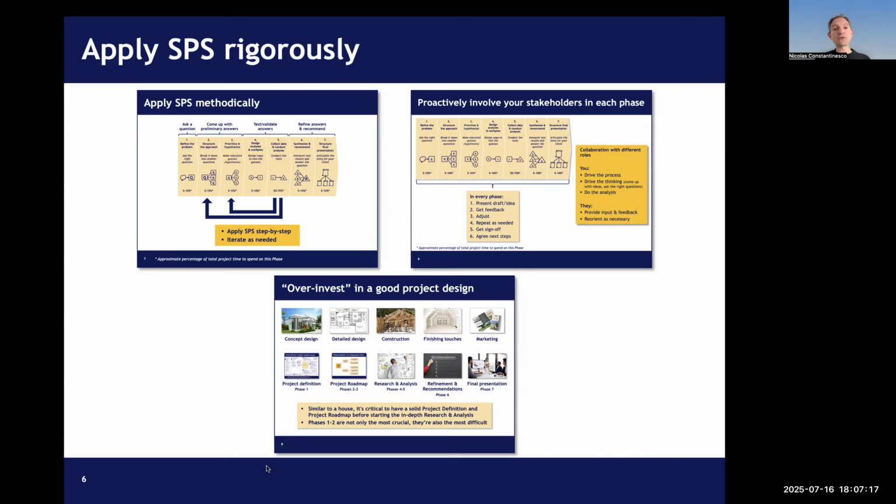Proactively involve your stakeholders in every phase, because they have a lot of knowledge about the problem, even if they don't know how to solve it. They can guide you, and they can help you not go in the wrong directions. And then, overinvest in a good project design. Project design means the problem or project definition, figuring out what it is that you want to deliver, and then building a roadmap for that.